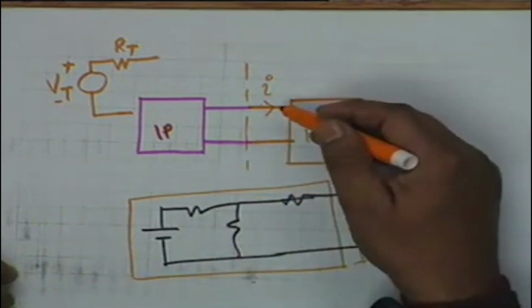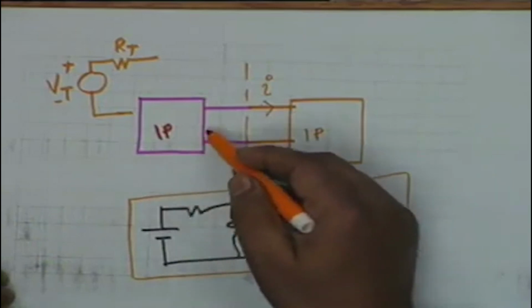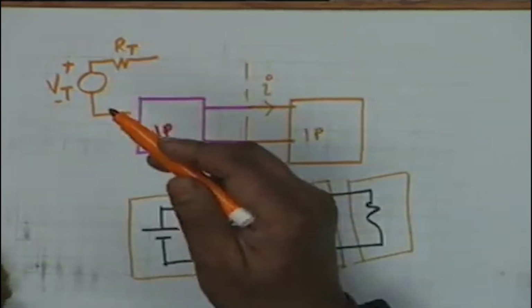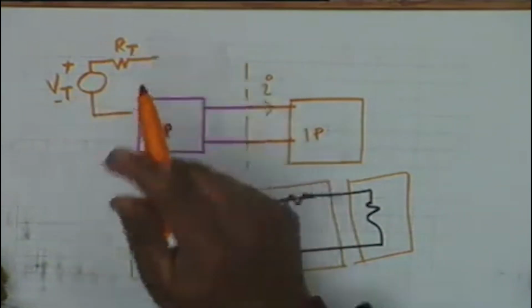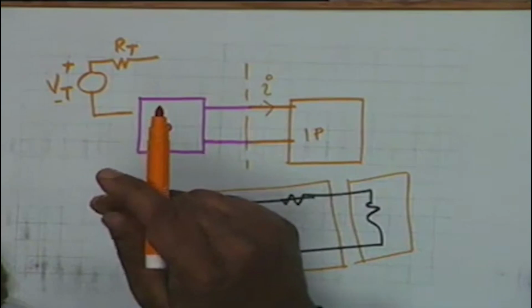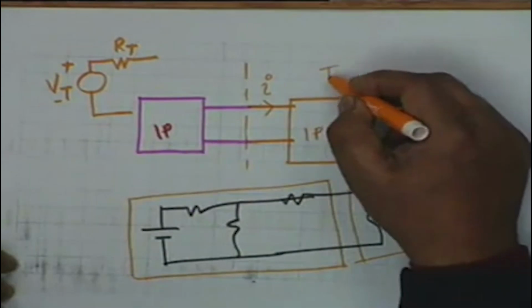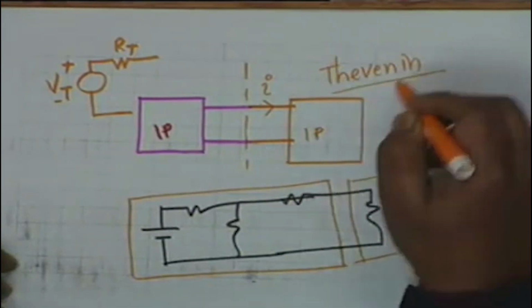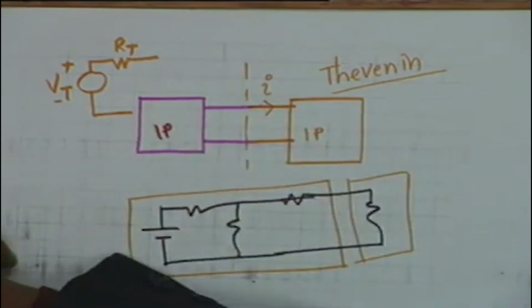In other words, I shall be the same whether you connect this one port, actual one port, or its equivalent circuit, and it is in that sense that this is an equivalent circuit. All right, and this concept was first given by a gentleman named Thevenin, and this is called Thevenin's theorem.